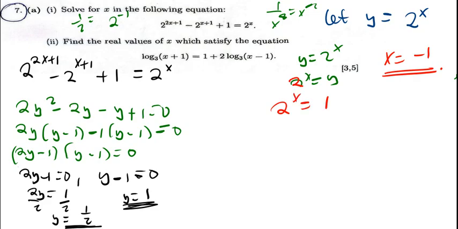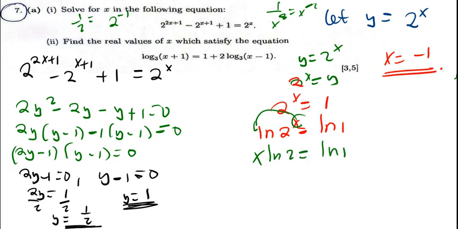Now, if you can't make the base to be the same, you introduce natural log, ln, in front. So it will be ln of 2 to the power x is equal to ln 1. So you drop the power. You know the property of log allows us to shift the power to be in front. So it will be x ln 2 equal to ln 1.